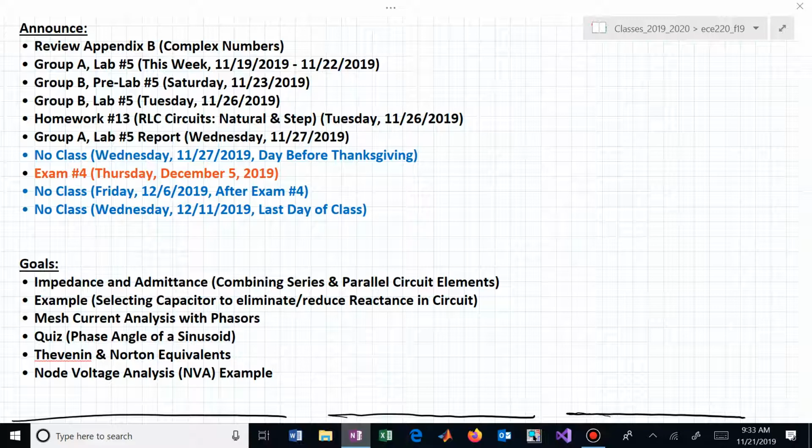We'll see that all of this sinusoidal steady state material, which we will simply denote as AC, alternating current, we can use the same tools that we've been using all semester for the direct current or DC analysis, where we just had constant inputs. Except now we're using phasors and complex numbers, but we can use the same tools in AC analysis that we used in DC analysis.